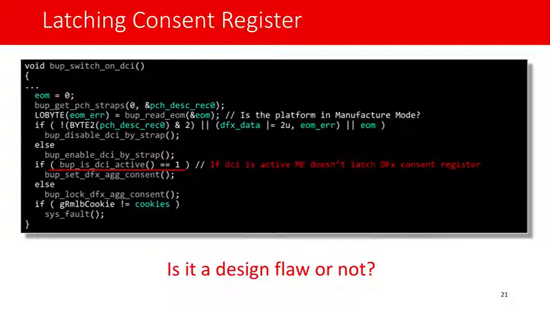But if DCI is active, IME doesn't latch the DFX consent register. It means that if you want to switch on JTAG, you don't need to reboot ME if you have a DCI connection.